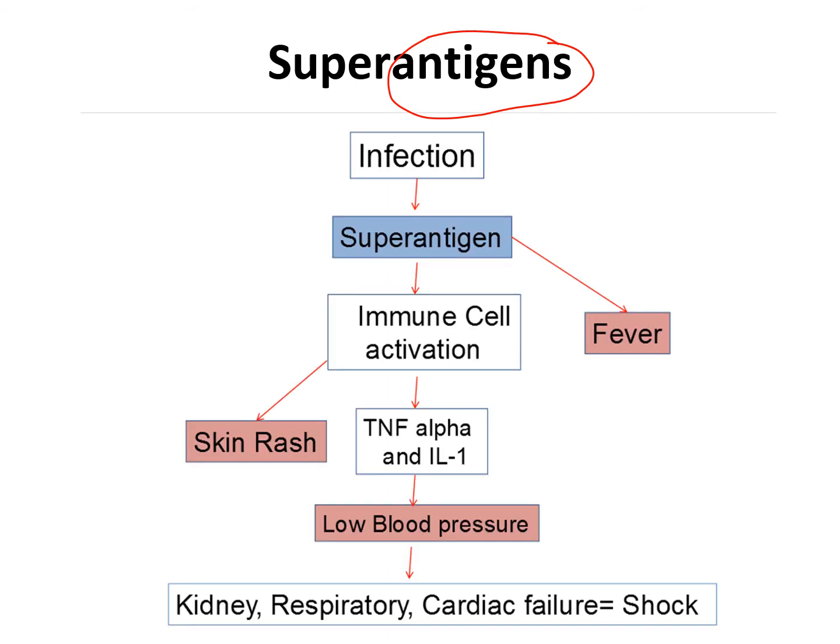The second type of exotoxin I want to talk about are the super antigens. And this will make more sense after we go through the immune system. But the word antigen basically means a molecule that stimulates the immune system. So what the super antigens do is they overstimulate the immune system. To do this, you have the infection, the bacteria. The bacteria secrete the super antigen, and the super antigen stimulates the immune system to secrete cytokines.